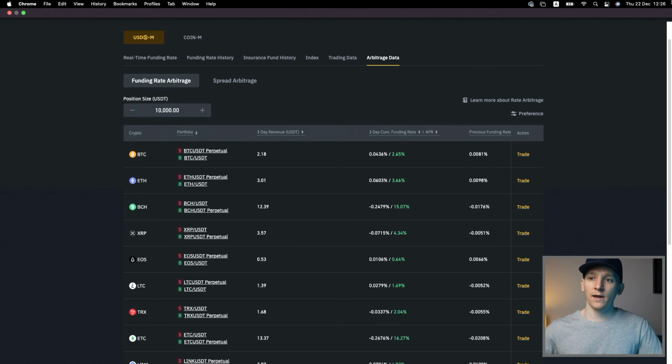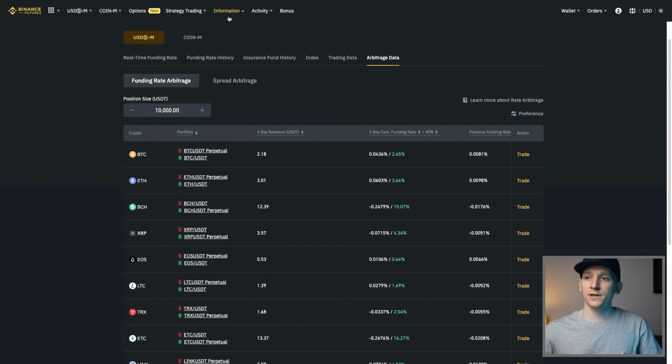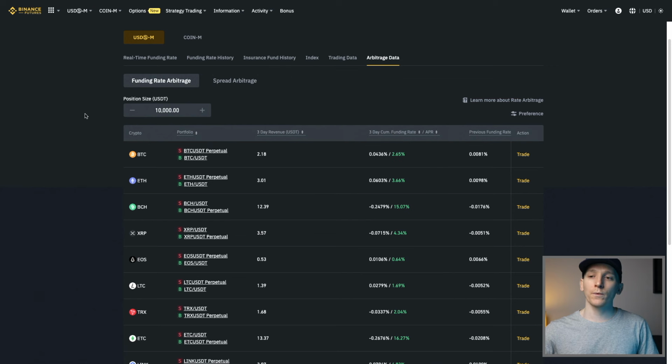As you can see down here, you can actually go to information, I think it's information, and then trading data, and it's going to give you this screen. What we can see here is the funding rate arbitrage, and Binance is great because it literally just gives us this info. We don't have to work it out.